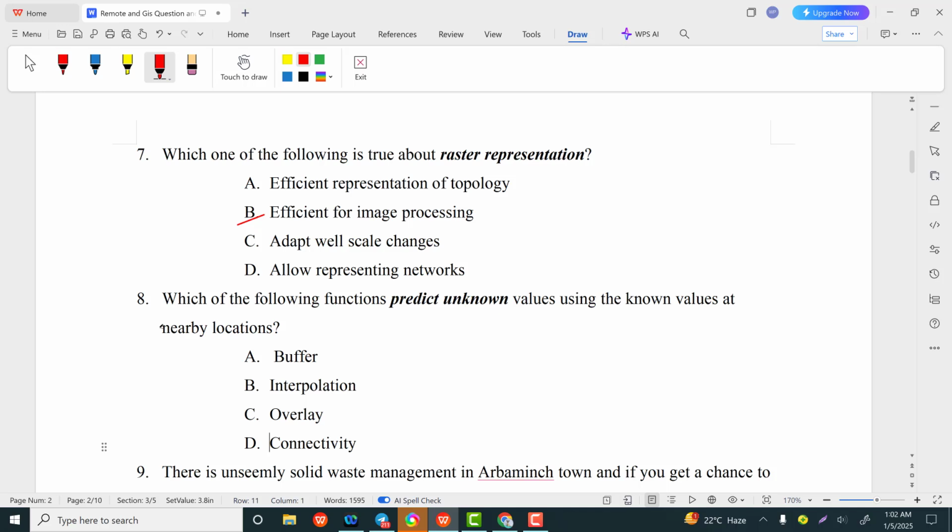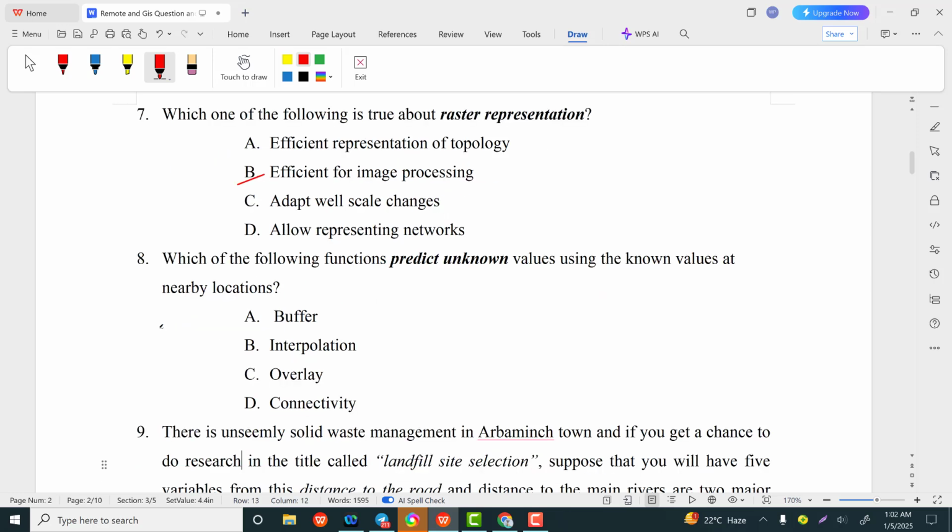Question number 8. Which of the following functions predicts unknown values using known values at nearby locations? A. Buffer. B. Interpolation. C. Overlay. D. Connectivity. The answer is interpolation. Interpolation is a technique of predicting unknown values by considering known values.